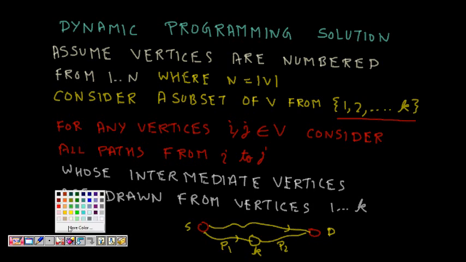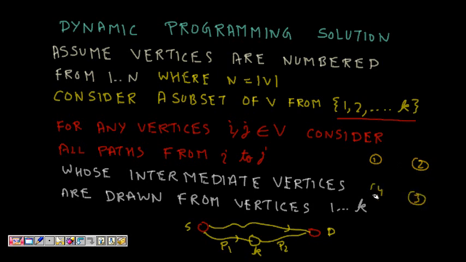What it means really is, let's say I have just 4 nodes: 1, 2, 3 and 4, and I am asked to find the shortest path from 1 to 4. Let's say the path should only use intermediate nodes from 1 to k, and here k is 2.